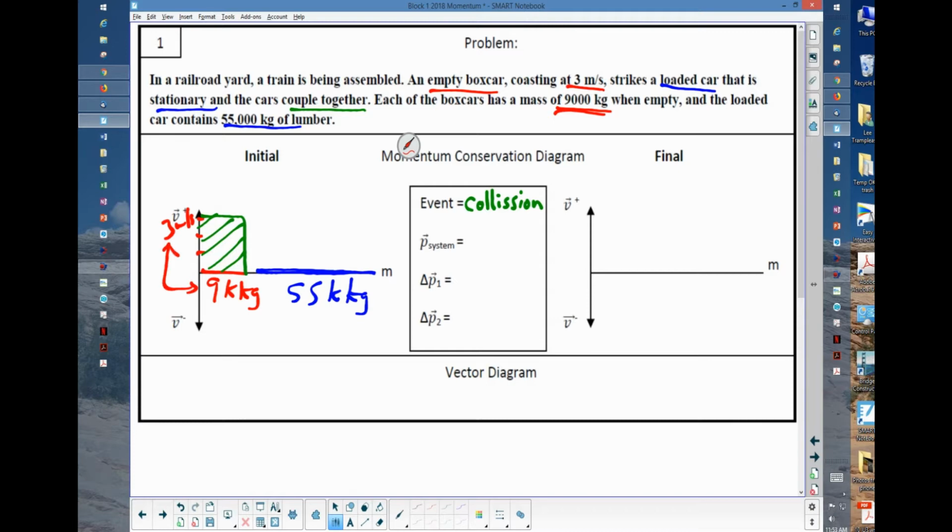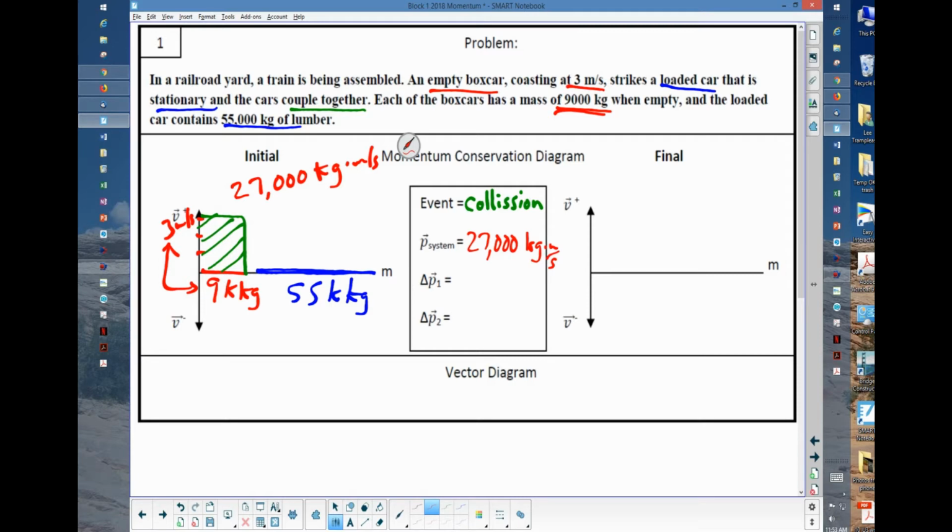So we have 27,000 kilograms times meters per second. Okay. So that's our entire momentum before. The system momentum then is 27,000 kg meters per second.